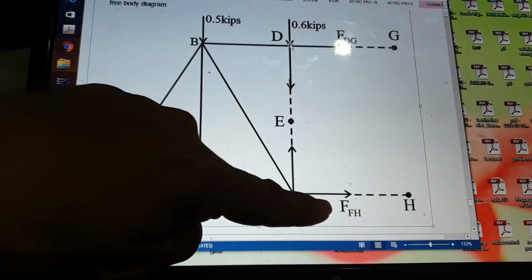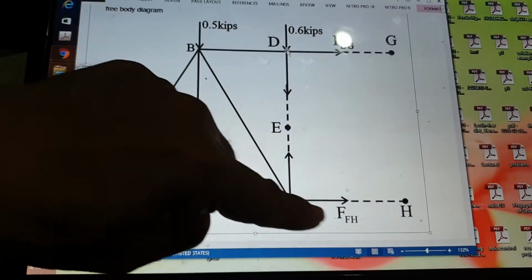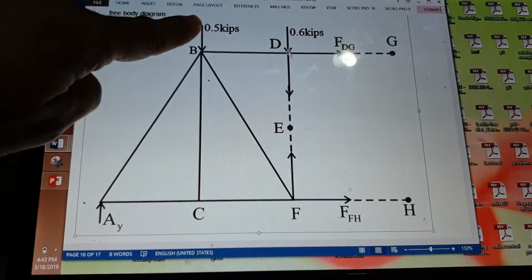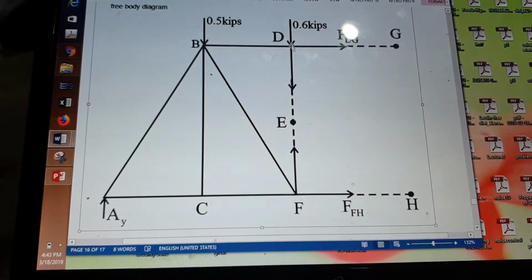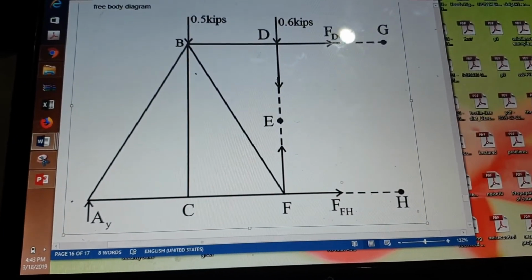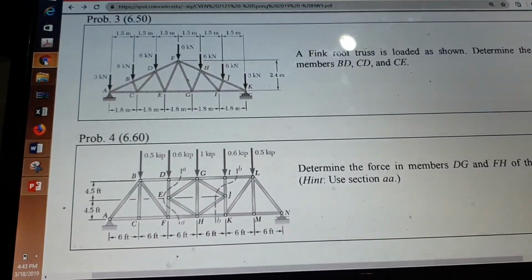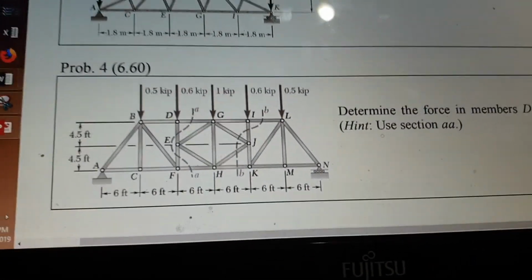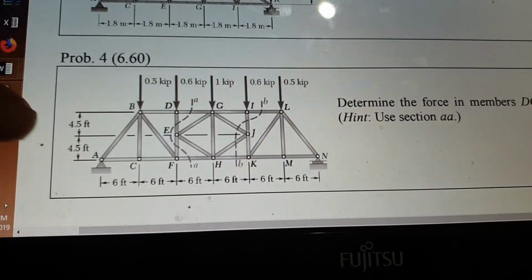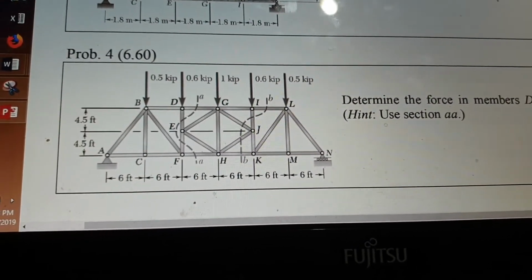We could see that if there's a nail here, this FH will rotate the whole truss counterclockwise. And what is the perpendicular distance? That is 9. 4.5, 4.5.